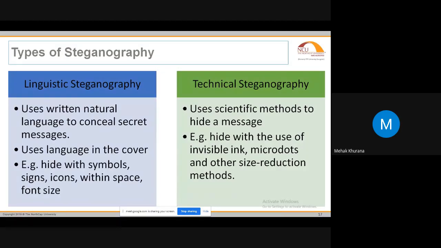It hides the message inside a language with the help of symbols, signs, icons, spaces, and font size. So we can write a mathematical formula, we can add symbols in between, and we'll be hiding that information in those particular symbols, spaces, font size, commas, plus sign, minus sign, subtraction sign. That is linguistic steganography.